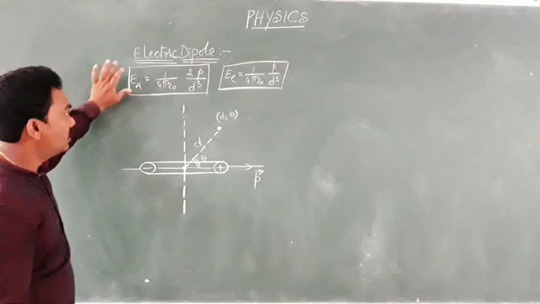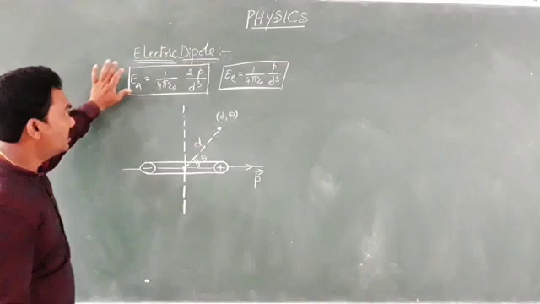Then within the bracket, it is E1 square plus E2 square. So here p square cos square theta, here p square sin square theta, but here (2p cos theta) whole square. That's why it remains as 4.